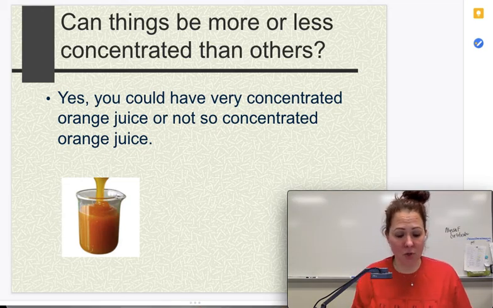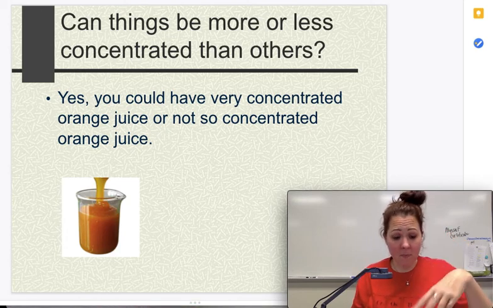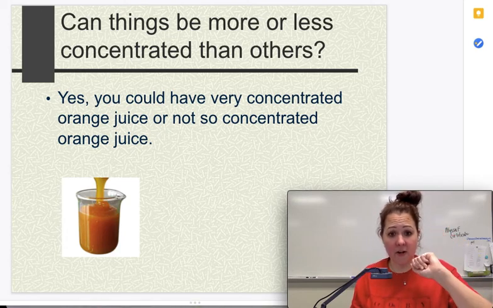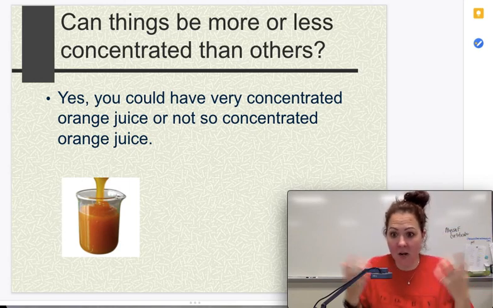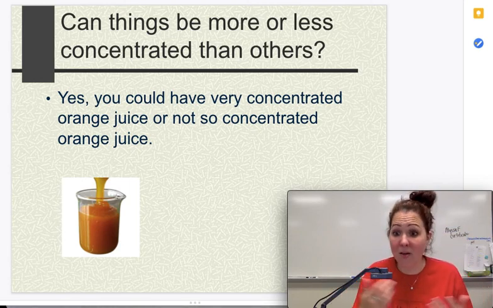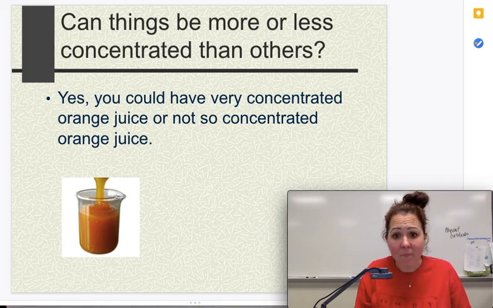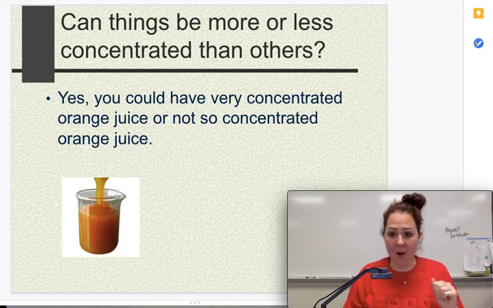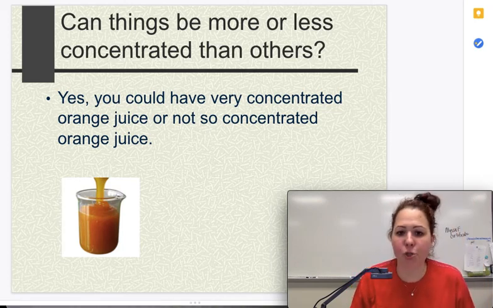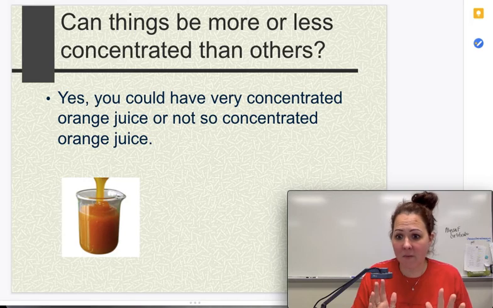Concentrated orange juice you find in the freezer section, and you add like 3 cans of water to it, you shake it up, and you magically have orange juice. I thought that's just how orange juice came. But that orange juice concentrate takes the water and evaporates it away. So a lot of people when they're buying orange juice say, don't buy the stuff from concentrate.